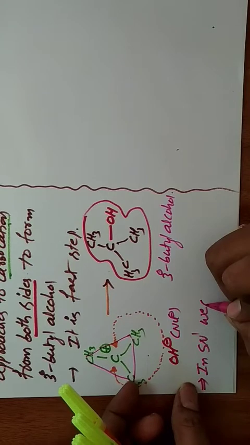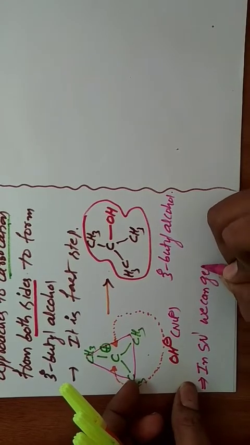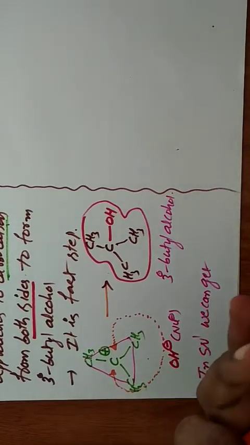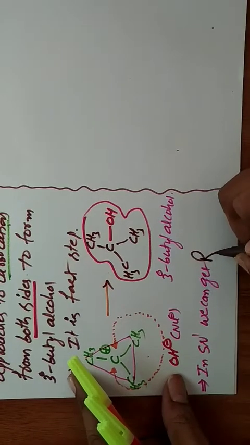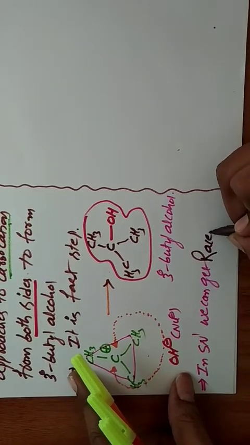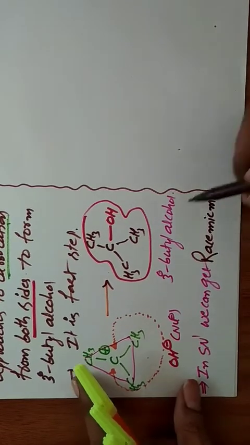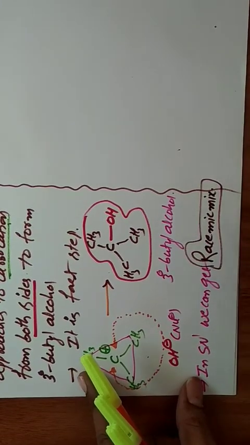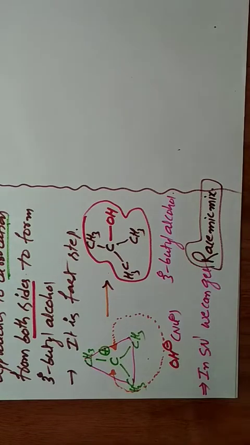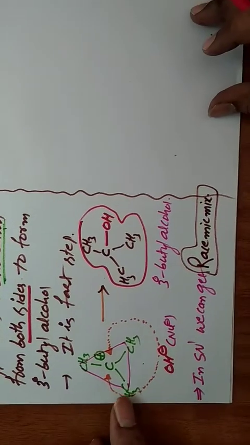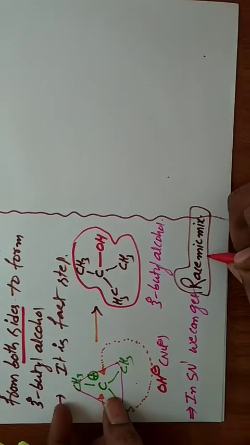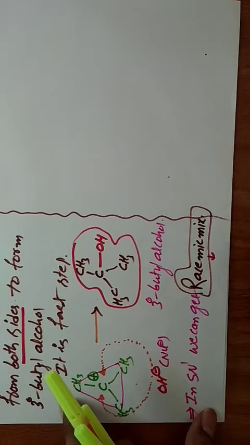In SN1 we can get racemic mixture. So what is the meaning of racemic mixture? Already we discussed it in the previous class. Once again, what is the meaning of racemic mixture?